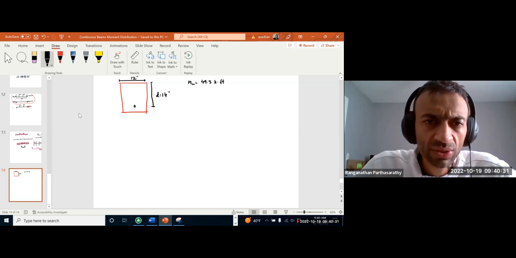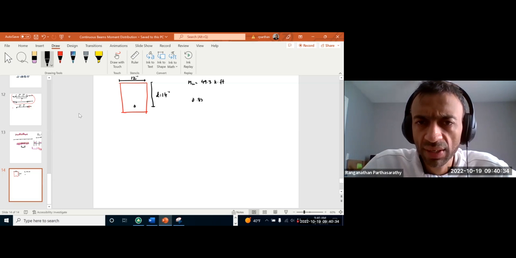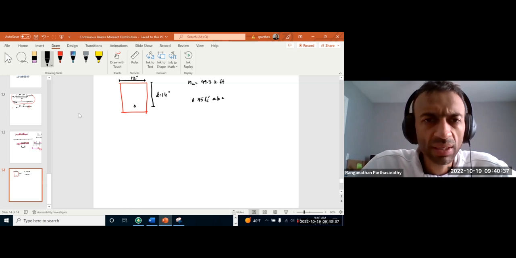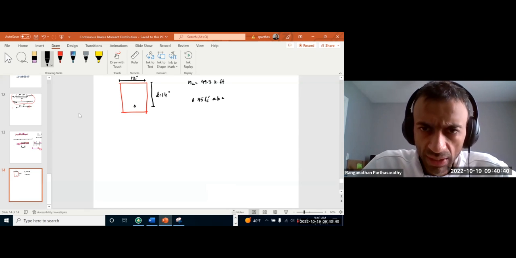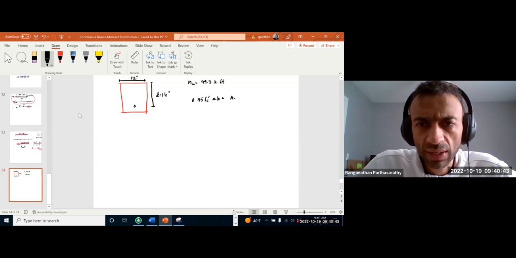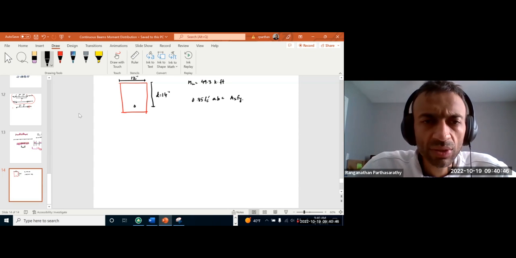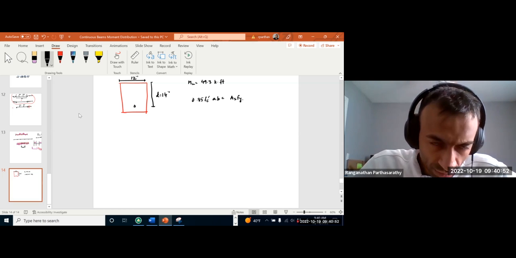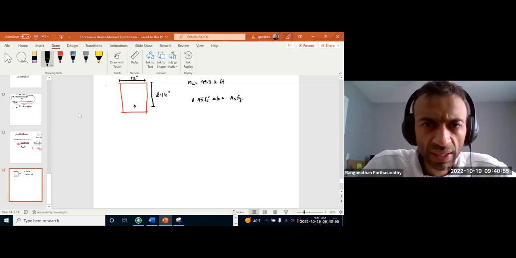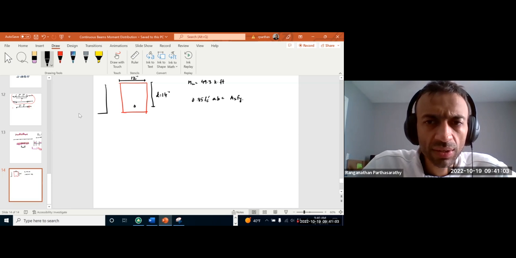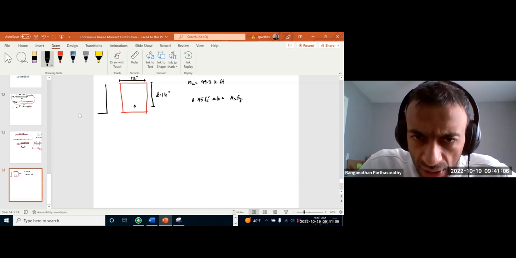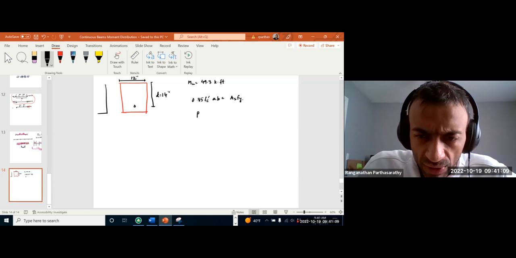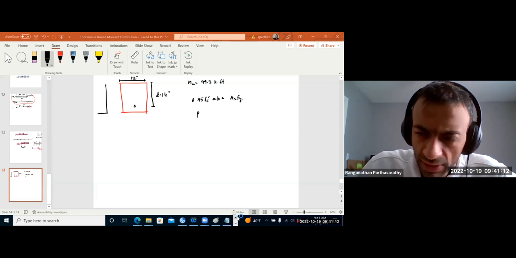Now just do our usual 0.85 fc prime, a times b equals As times fy. We don't know the strain here. I think this one is starting with rho 0. Let's see, just a second.